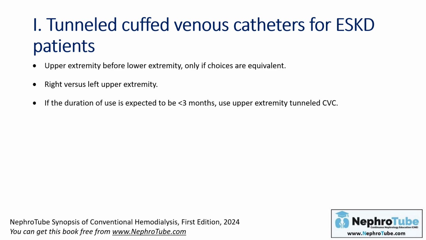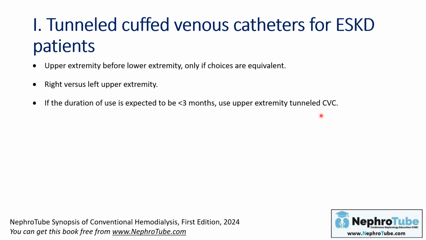Another important point to put in mind is that the choice of location may depend also on the duration of use. If the duration of use of the catheter is expected to be less than 3 months, use an upper extremity venous catheter.